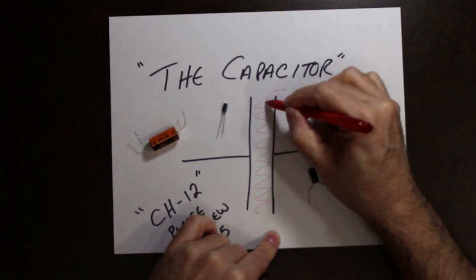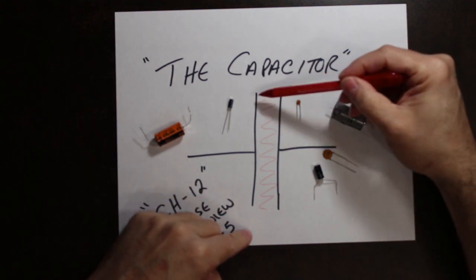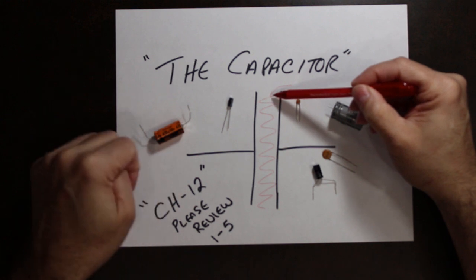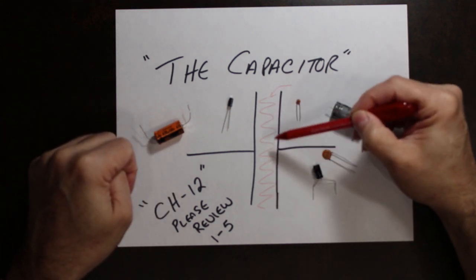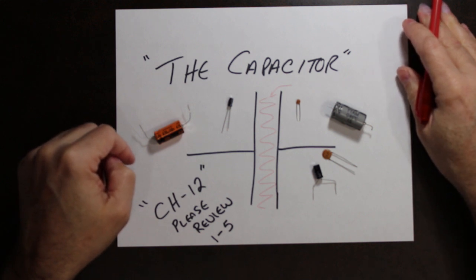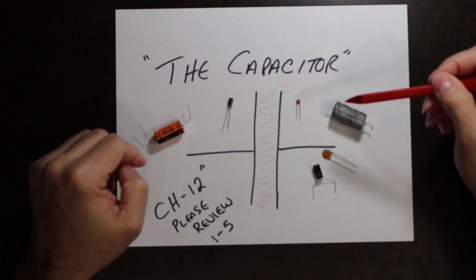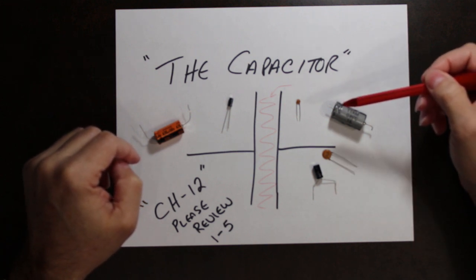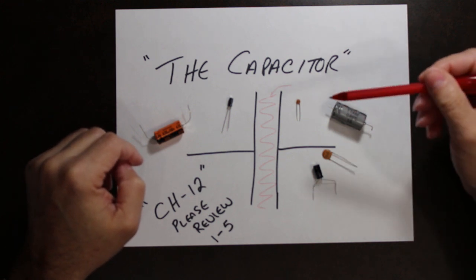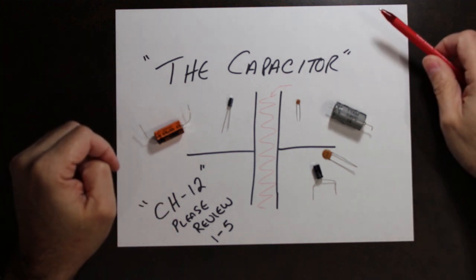That insulating material is what we call a dielectric. The job of a capacitor is to store charge. So think of it as a very small battery. It stores charge for use later on, or for whatever the purpose may be.